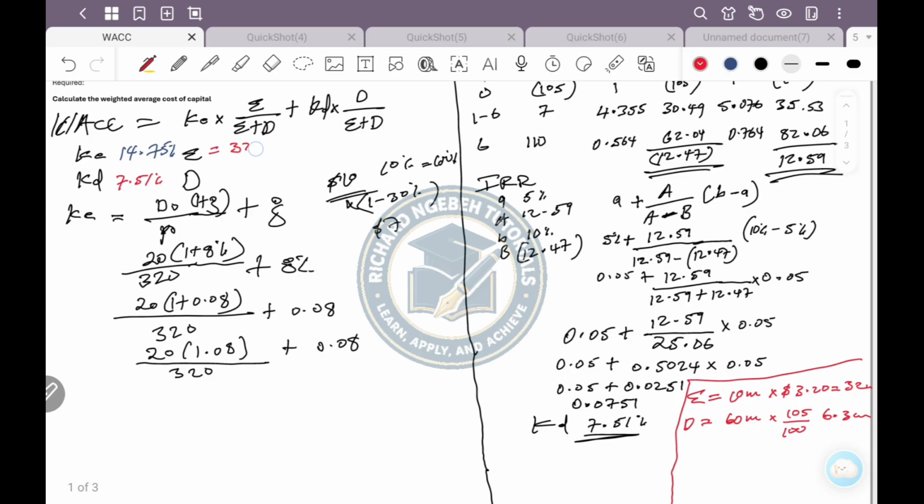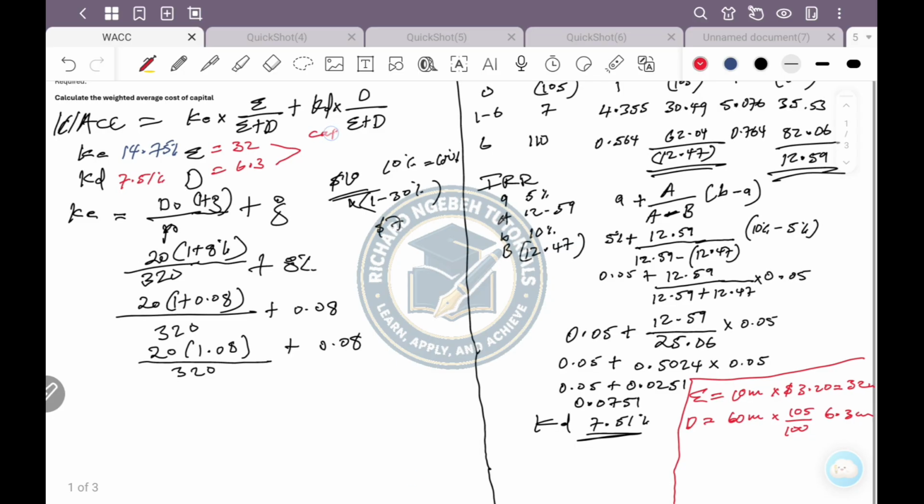So now here you have 32 million for equity, then your D here, you have 6.3 million. When you add both of them, your capital will now be 38.3 million. This will be your capital.